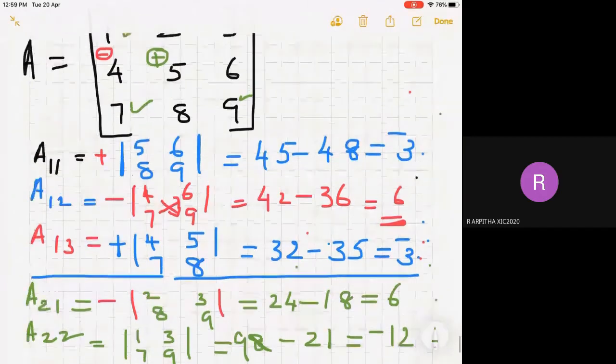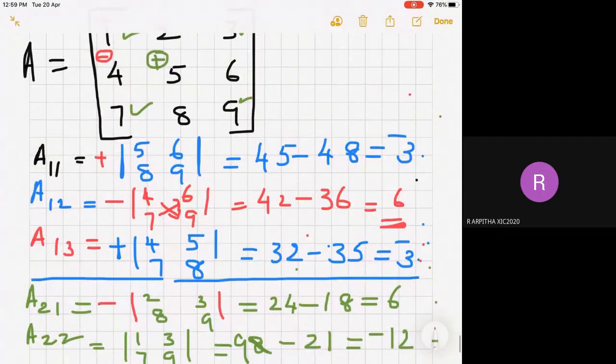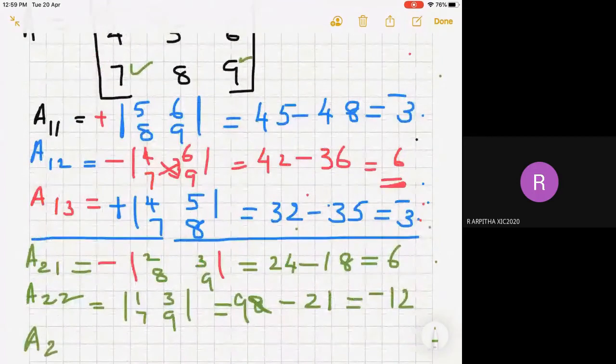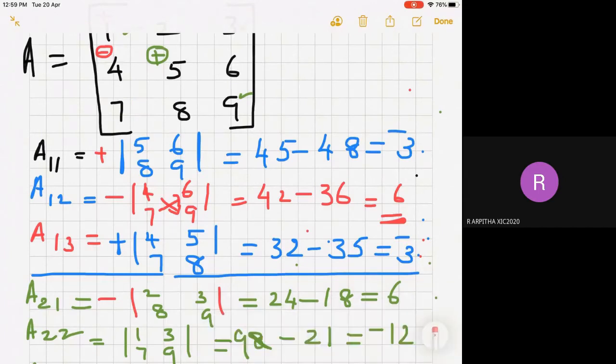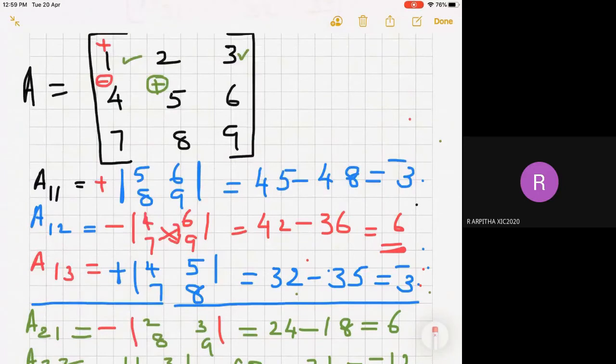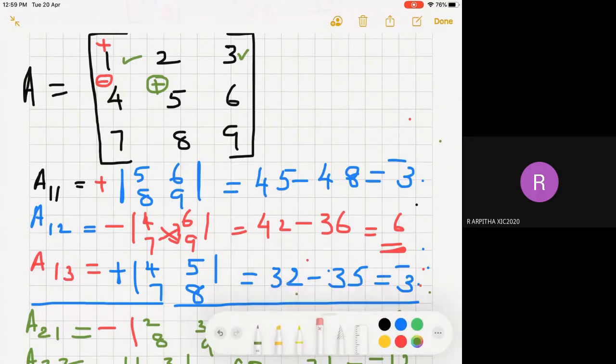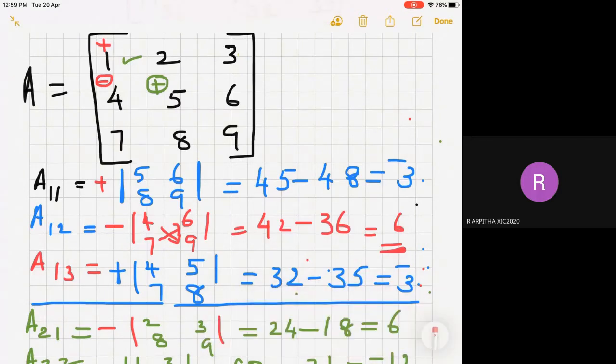Okay. Next comes A23. A23 means you have to delete the row and column containing it, meaning the second row and third column you are deleting. So what you are getting is four elements: 1, 2, 7, 8.